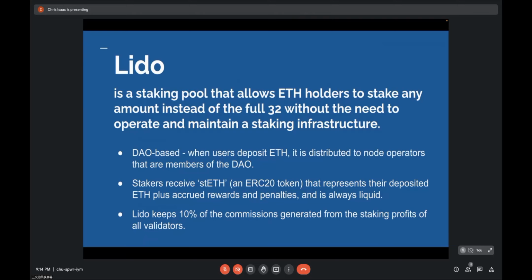So it's sort of one-to-one on the ETH that's deposited. You get this stETH token, and then that's a liquid token. You can sell it, and you don't need to wait for the Shanghai update to happen, which will release validator deposits and allow withdrawals. And that's in the future. Not really sure when that's going to happen.